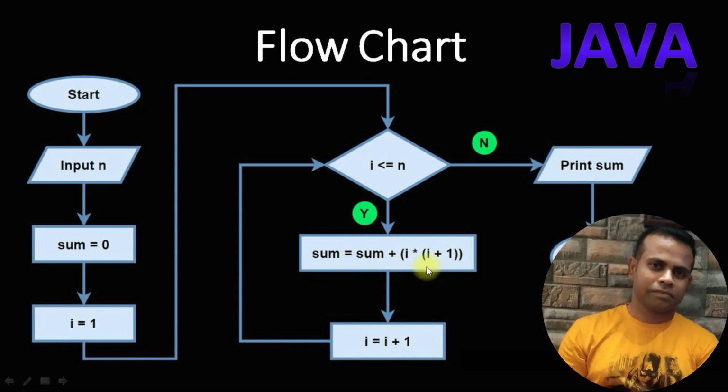Then it increments I and goes to the next iteration, checking the condition again. If the condition is true, it calculates the sum again and repeats until the condition becomes false. Once it is false, it exits the loop, prints the calculated sum, and stops the program. Now let's check it with some values in Excel, then we will go to Eclipse to create this program.